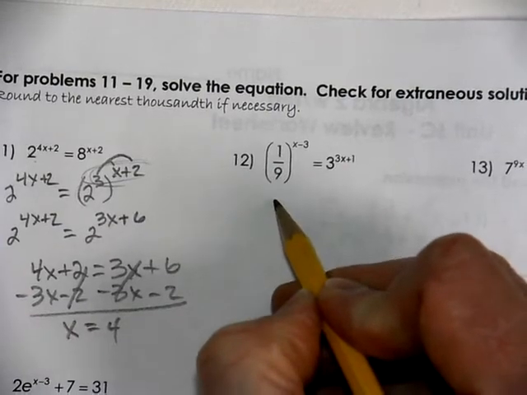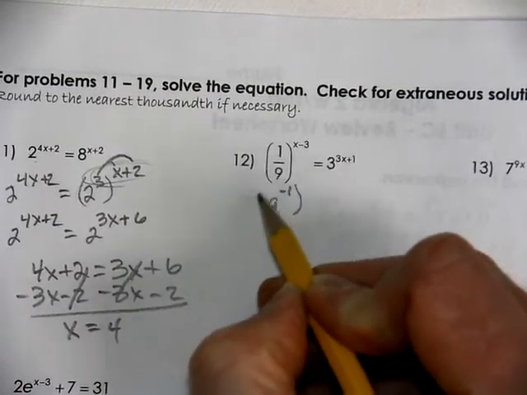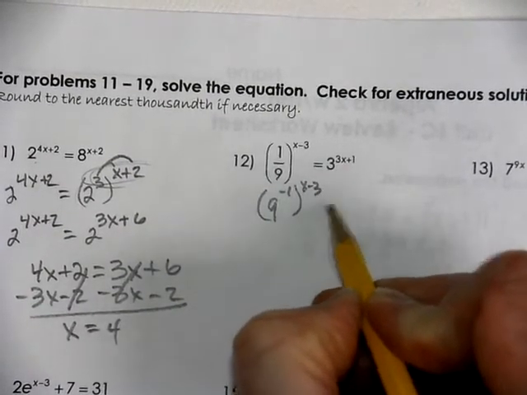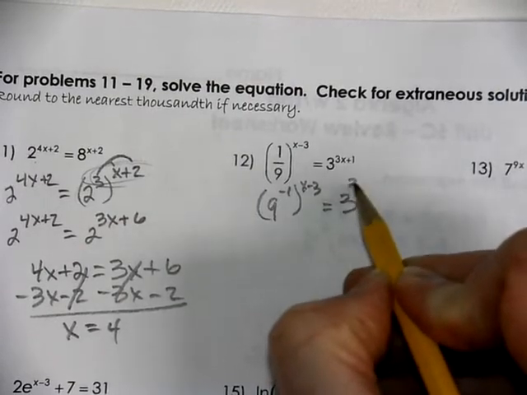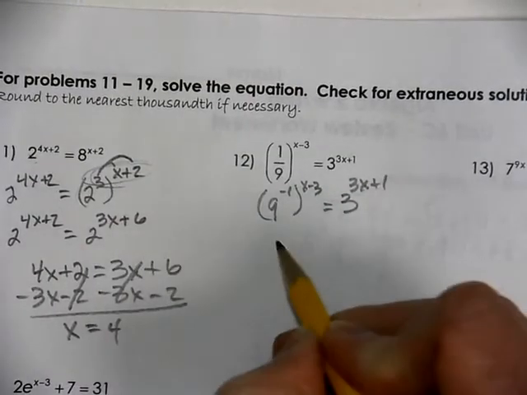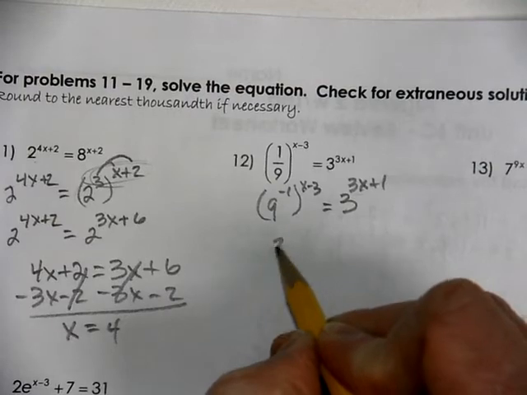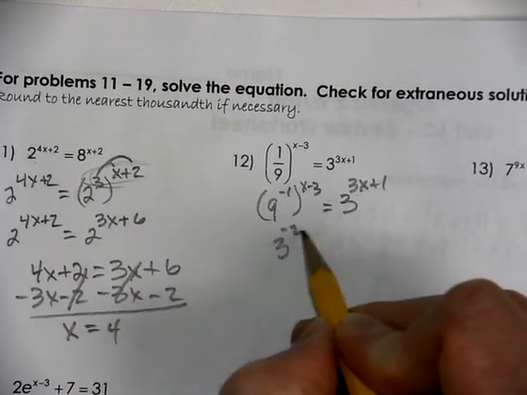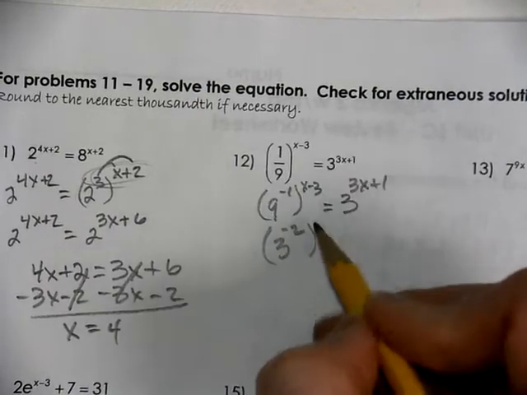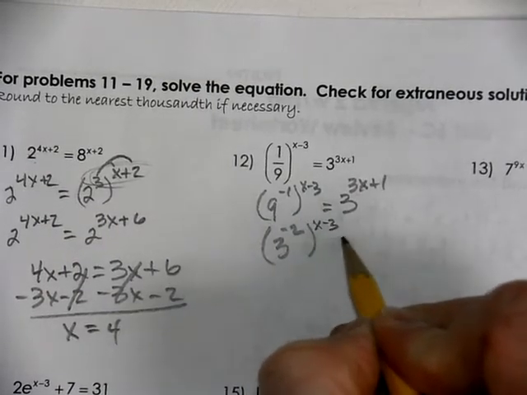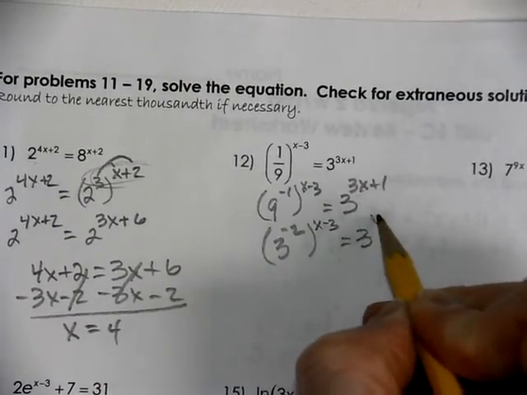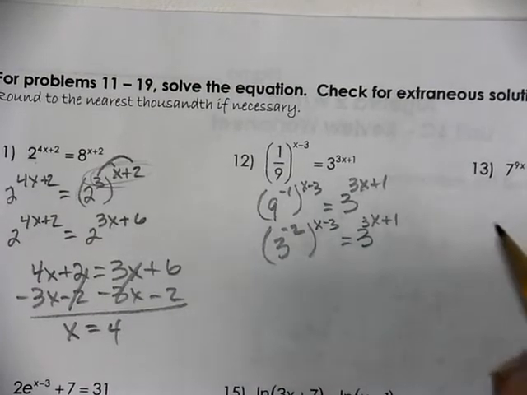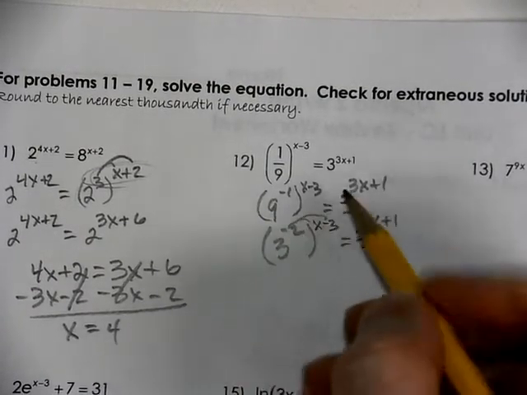So here we can make this 9 to the negative 1 power. And then 9 can be written as 3 squared. That's 9 to the negative 1 power. And we would need to distribute.